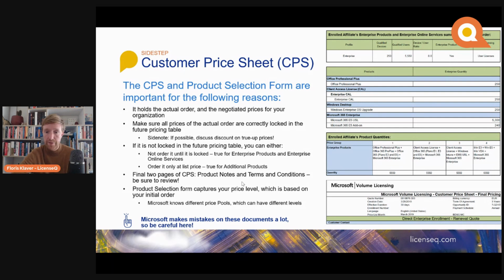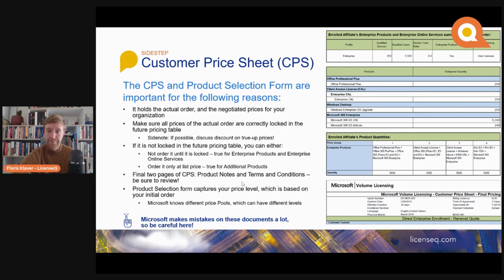They buy 250 Office Pro Plus, 250 Enterprise CAL suites, 250 Windows Enterprise OS, and about 5,300 E5 user subscription licenses. These all total up to 5,550 licenses, and they will be divided into the different product quantities price groups that you see in the middle of the screen. And this is where your price level is being set.